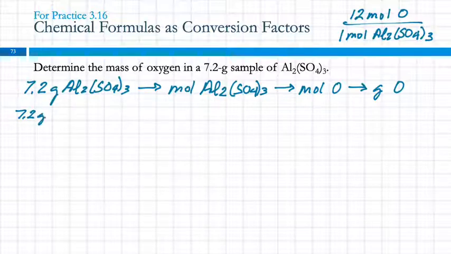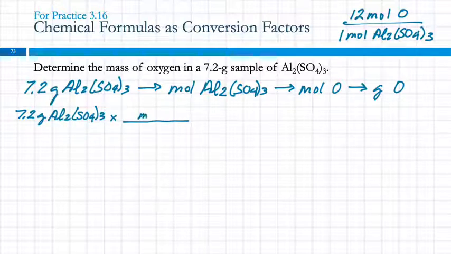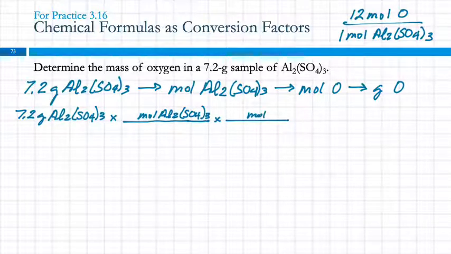7.2 grams Al2(SO4)3. So I've got 3 arrows, I'm going to have 3 fractions. On the next line, I've got moles of Al2(SO4)3. Yes, it's tedious to write down all those letters. Just do it. And then I've got moles of oxygen. And then I've got grams of oxygen.